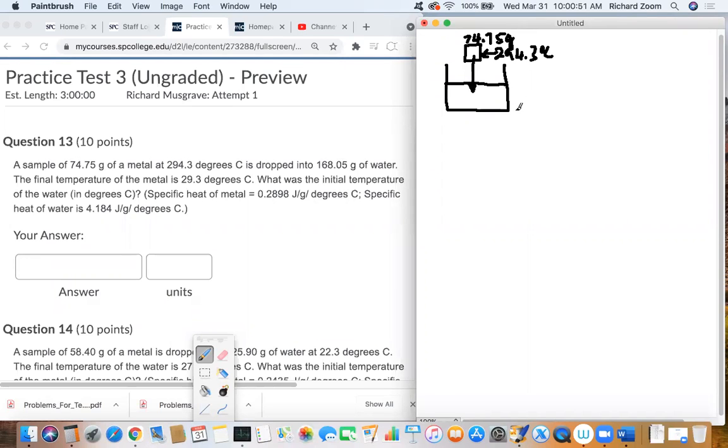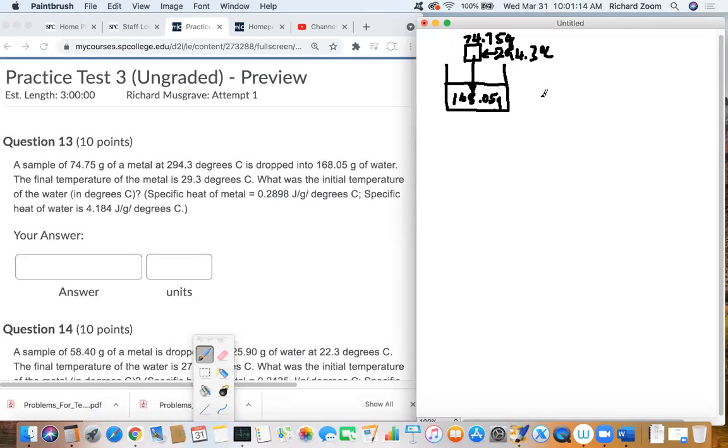It's being dropped into the water, which is 168.05 grams. And what we're looking for is the initial temperature of the water.